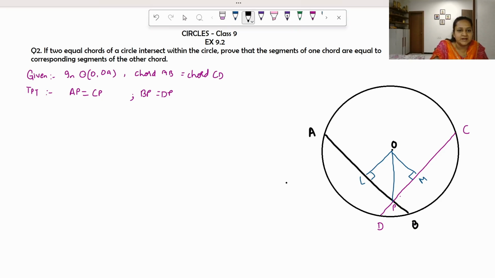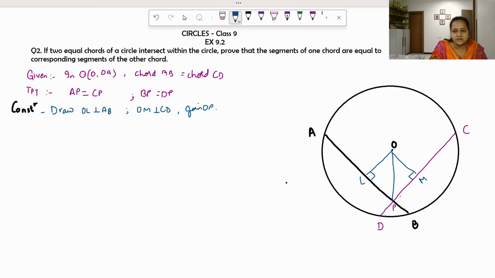So let's understand by writing it. We'll write the construction. What is the construction done? We will write: draw OL perpendicular to chord AB, OM perpendicular to chord CD, and we join OP.